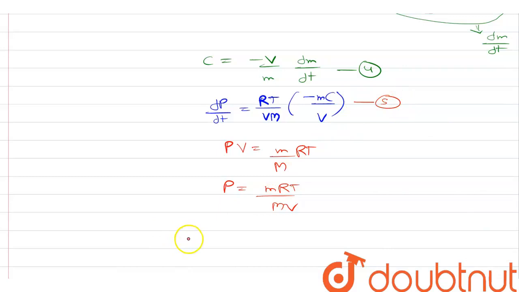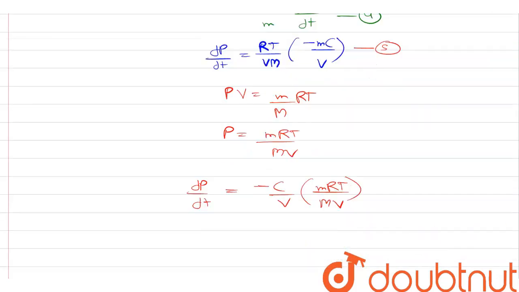In equation number 5, if I rearrange the terms, I can get minus C by V times mRT by MV. So this can be written as capital P, or the pressure, minus C by V times P.